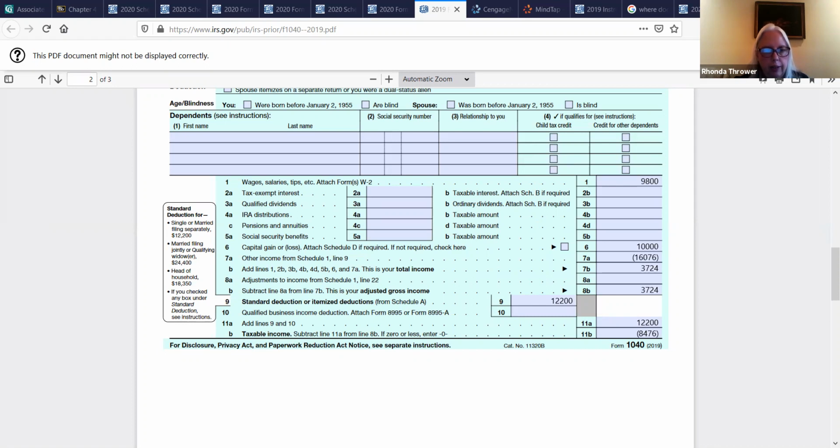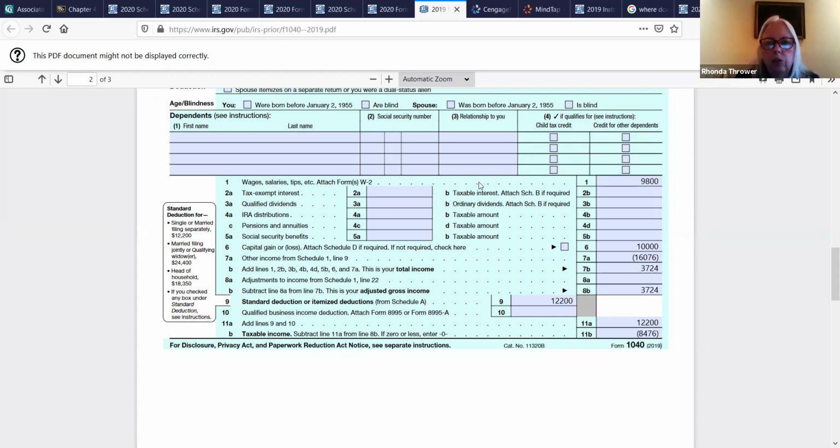And so on line 16, we need to put in the amount of the loss, which was from that rental income of 16,076. And that would complete the form 8582. And so that form is complete now.